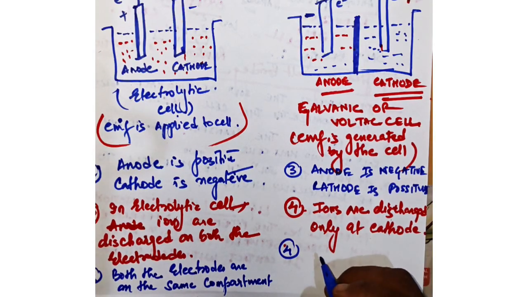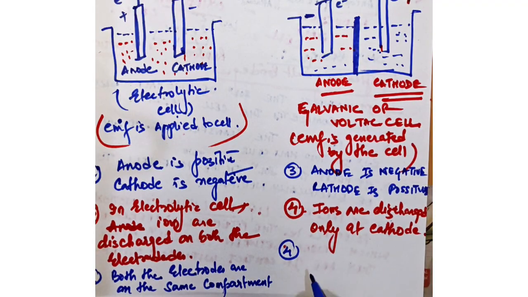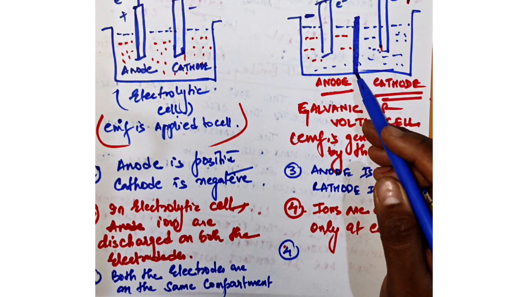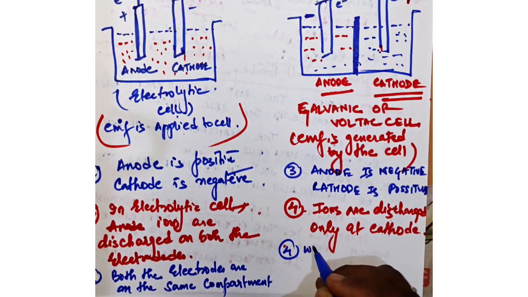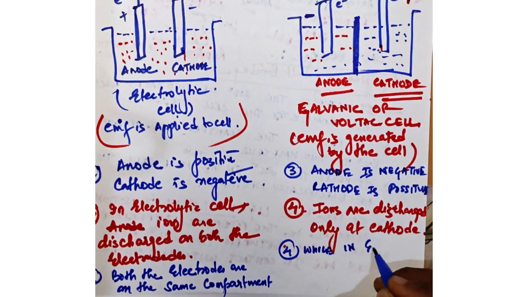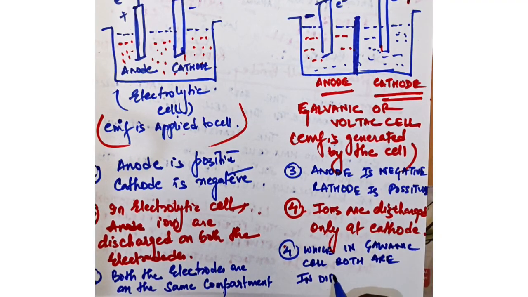While in the galvanic cell, the cell is divided into different compartments, and both electrodes are in different compartments. So the drawing I drew first was of the galvanic cell.